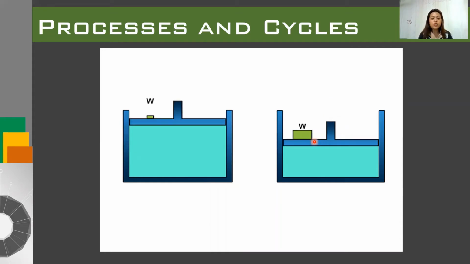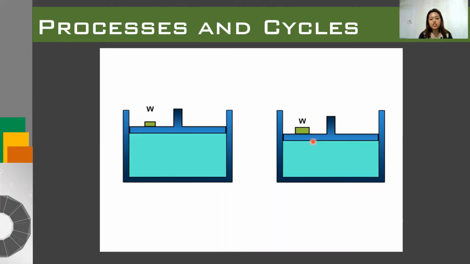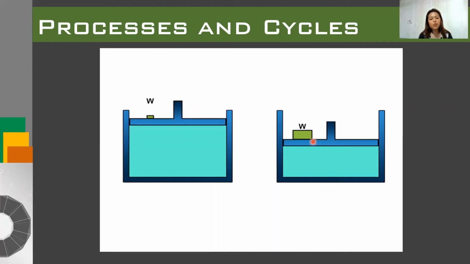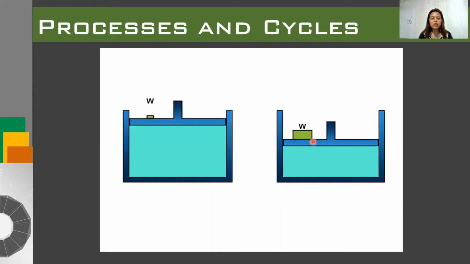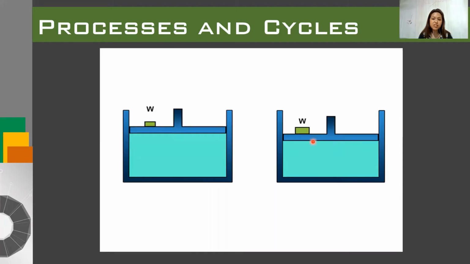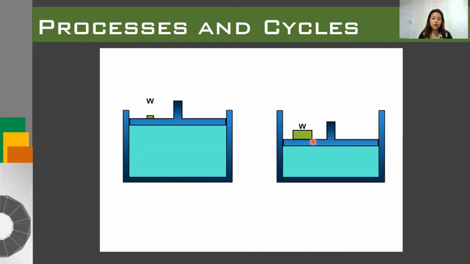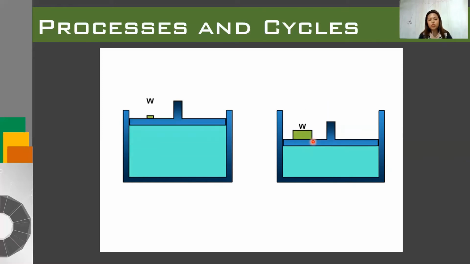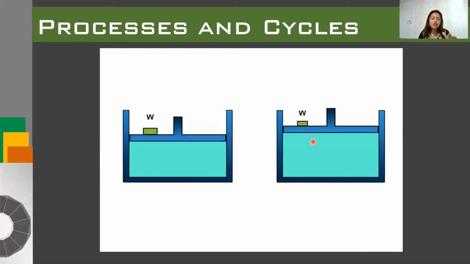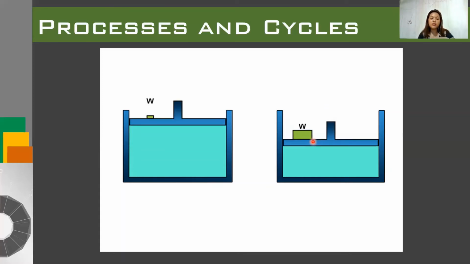Now let us consider the equilibrium of a system as it undergoes a change in state. The moment the weight is removed from the piston, mechanical equilibrium does not exist. As a result, the piston moves upward because it is not yet in mechanical equilibrium. It keeps moving upward until mechanical equilibrium is restored and it stops.